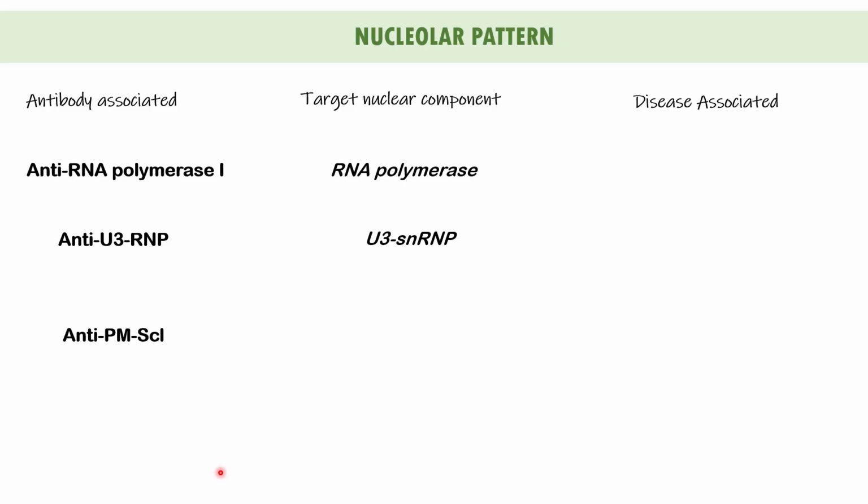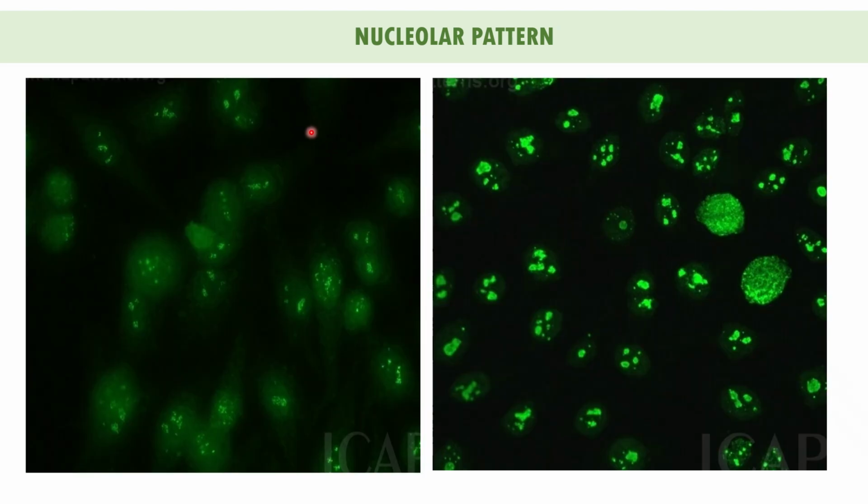For these autoantibodies, they are primarily associated to a polymyositis-sclerosis overlap. As for the sclerosis, they are usually associated with the diffuse cutaneous type. For the nucleolar pattern, this is how it looks like. As what you could see, there are a few round nucleoli that stain within the nucleus.